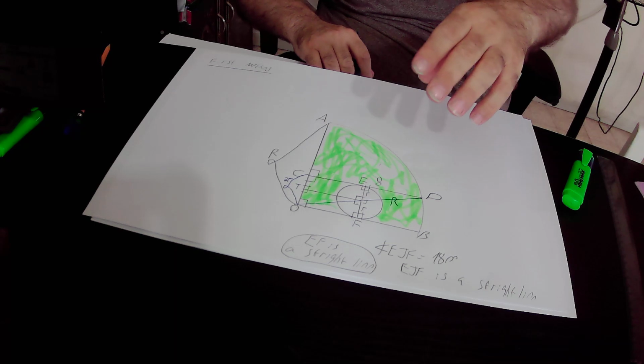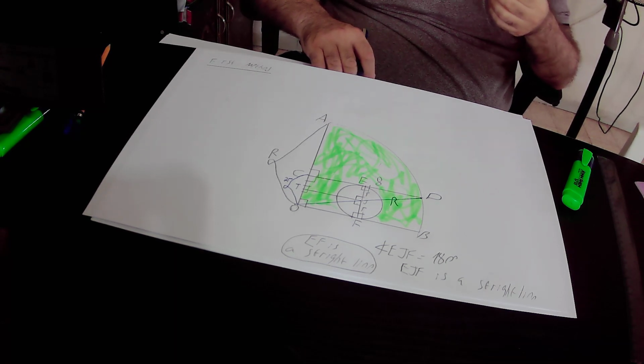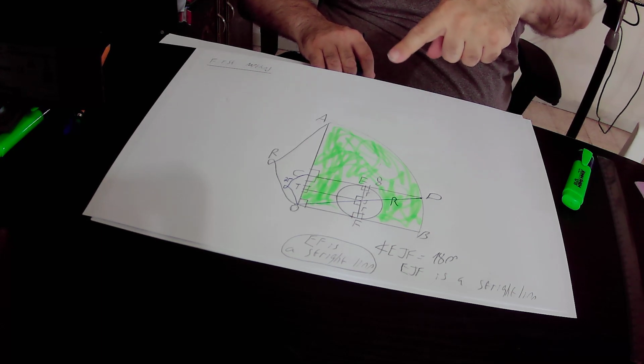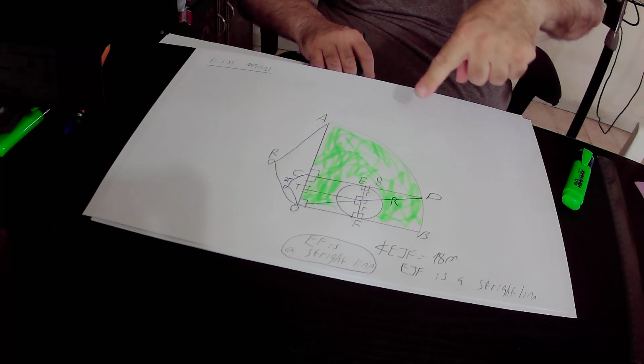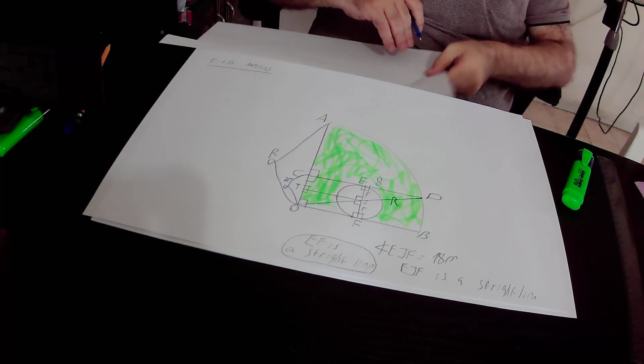But what is the value of the green area? It is very easy to see that the green area will be equal to the area of the quarter circle minus the area of the small circle. So I write it down.